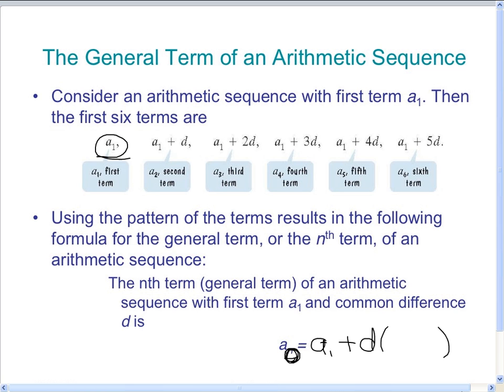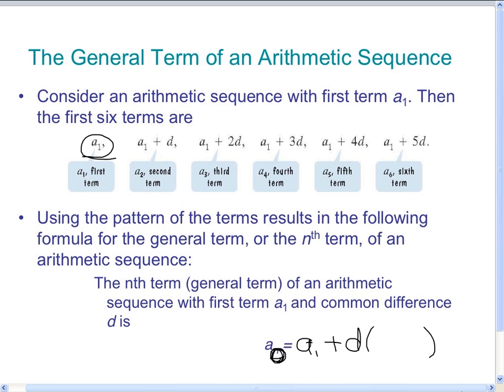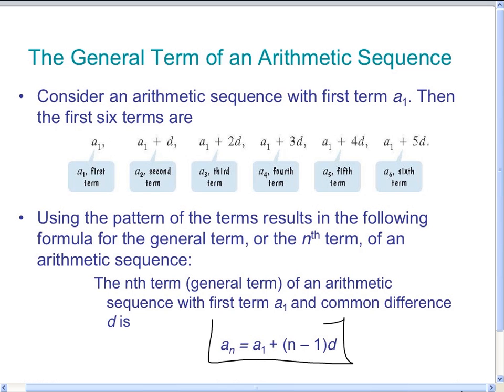It would be like saying the xth term. Well, that sounds kind of weird, so we say the nth term. Well, if I need one less than n, I subtract one. The formula is, and you're going to need to know this, this is important: the first term plus one less common differences.